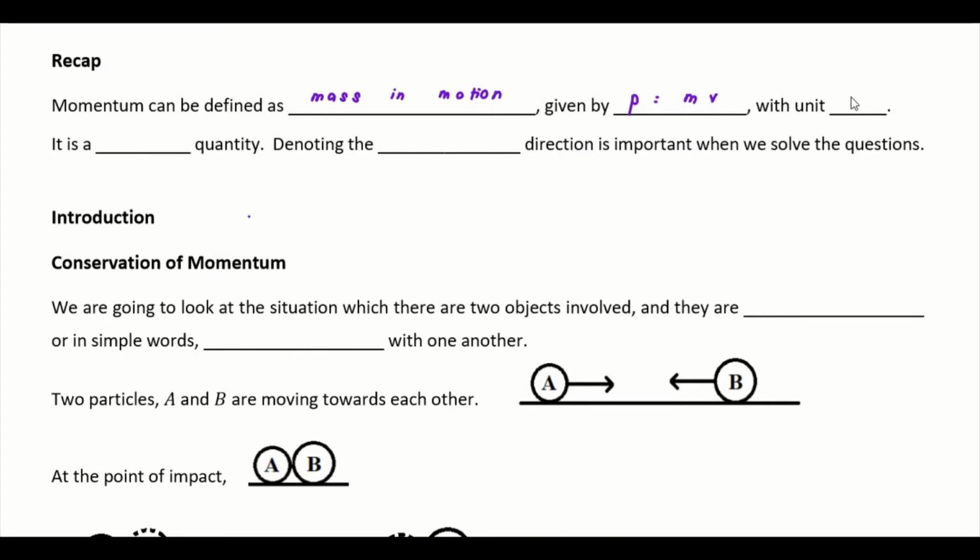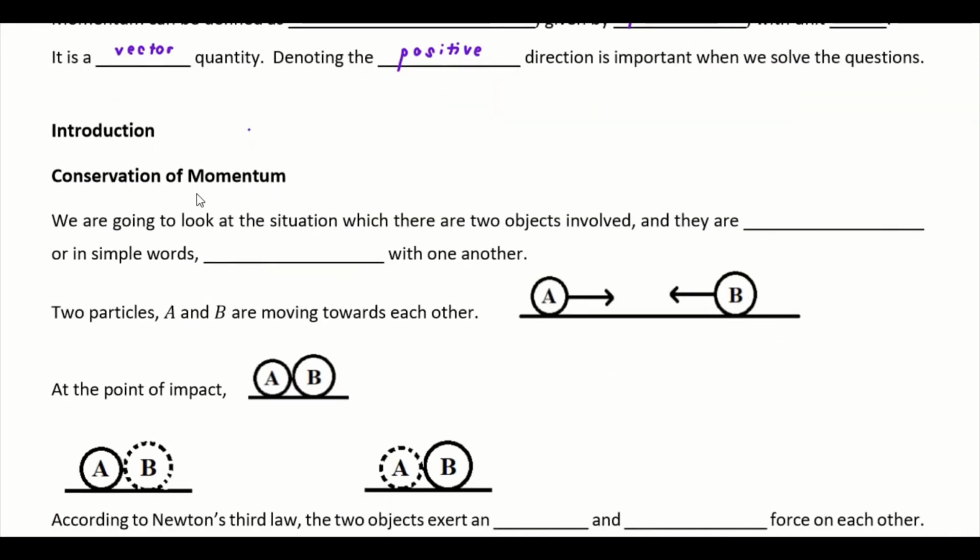The unit of momentum is newton second. We also learned that momentum is a vector quantity, always following the direction of the velocity. That's why denoting a positive direction is very important when we solve momentum questions.